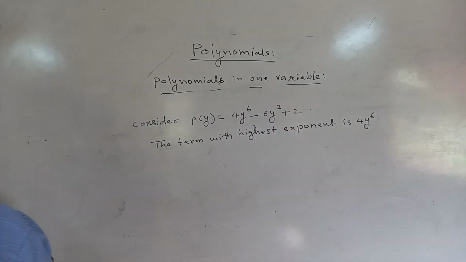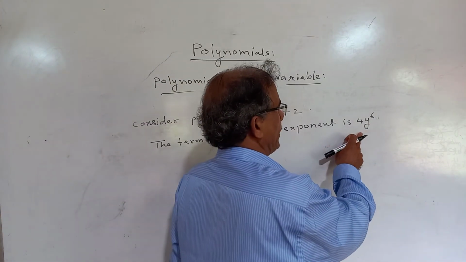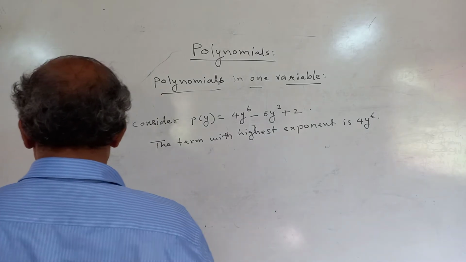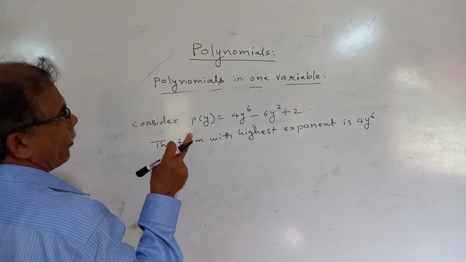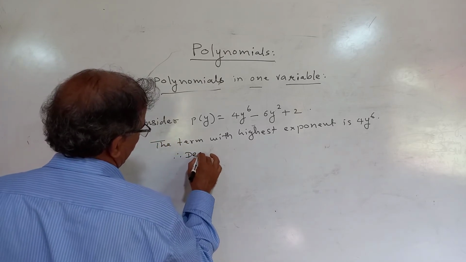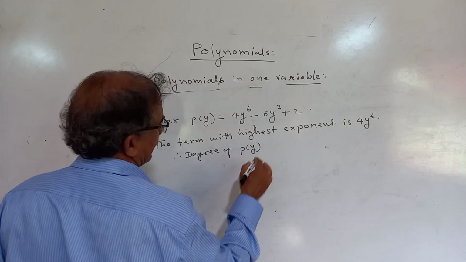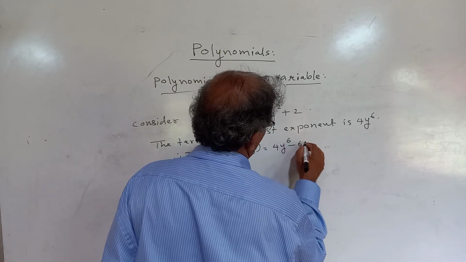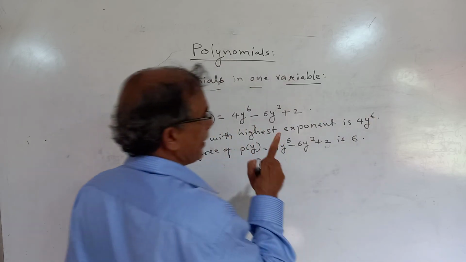Okay, and in 4y raised to 6, what is the exponent of y? 6 is the exponent of y. So therefore this 6 is the highest exponent. Therefore the degree of the polynomial in y, 4y raised to 6 minus 6y square plus 2, is 6, the highest exponent.